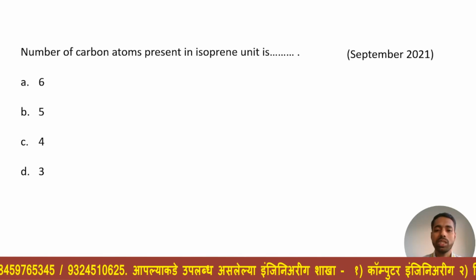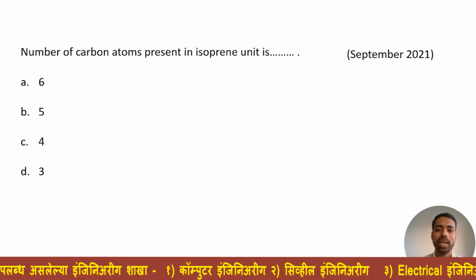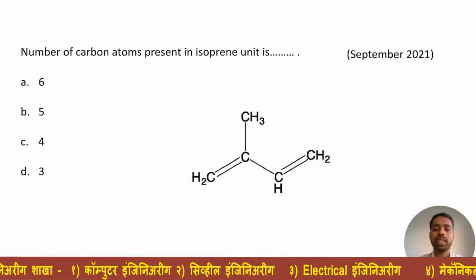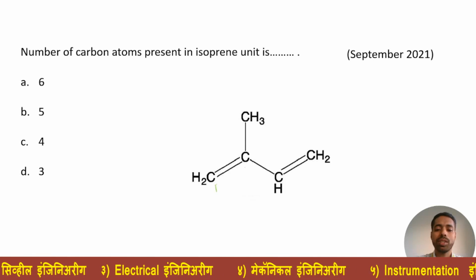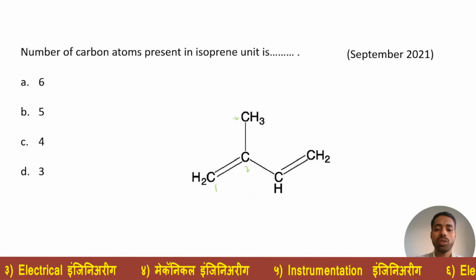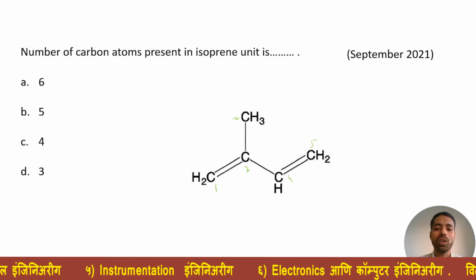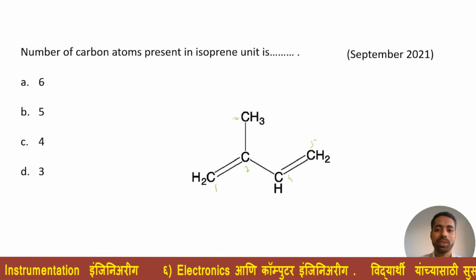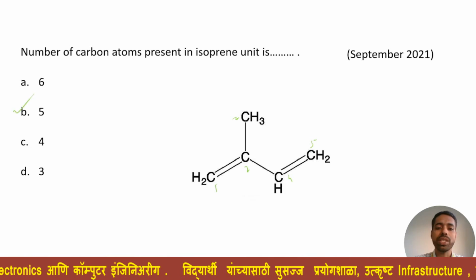The structure, if you visualize for isoprene, it contains 1, 2, 3, 4 and 5 carbon atoms, right? So the correct option in this case is B, 5.